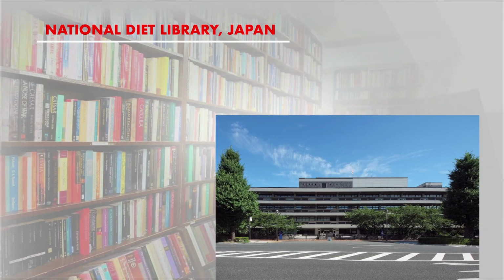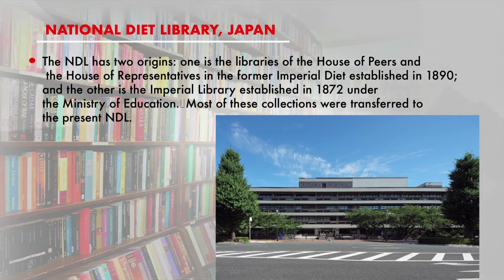The next is the National Diet Library, Japan. This library is meant for the legislators. This is also a specific group. The National Diet Library has two origins. One is the libraries of the House of Peers and the House of Representatives in the former Imperial Diet established in 1890, and the other is the Imperial Library established in 1872 under the Ministry of Education.